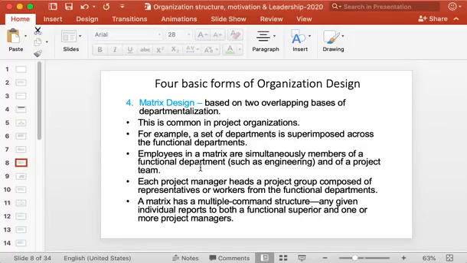So employees in a matrix are simultaneously members of a functional department such as engineering department, and the same members are a part of a project team.